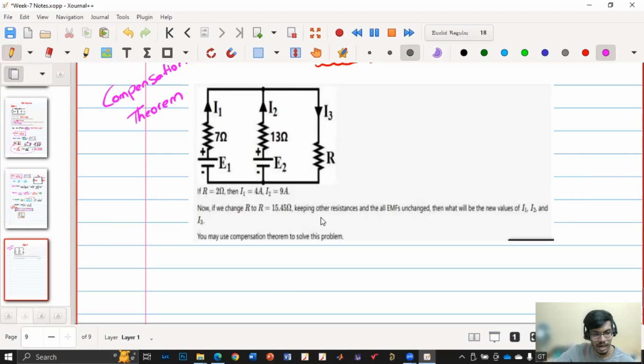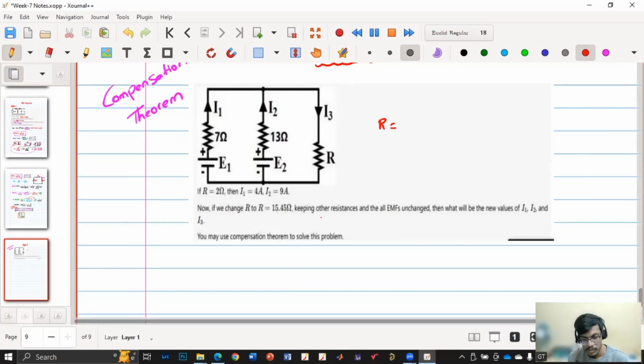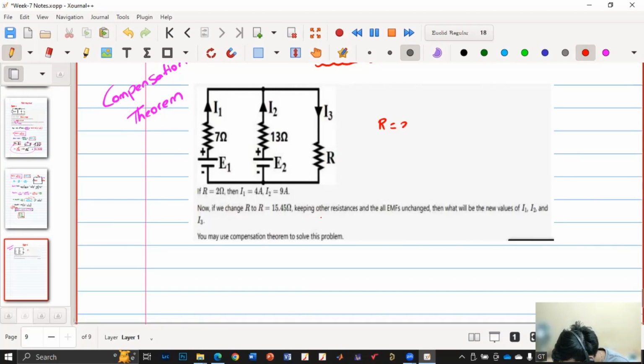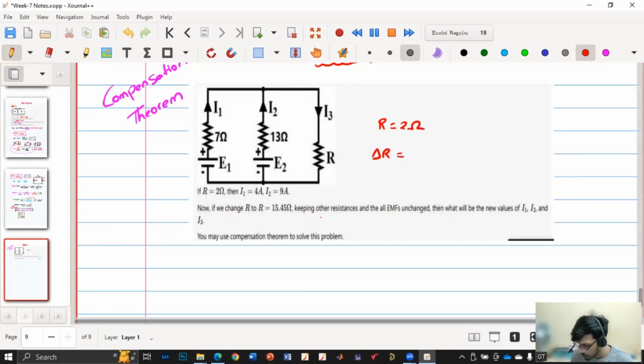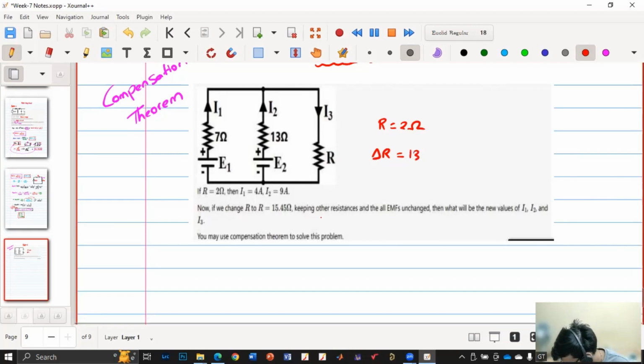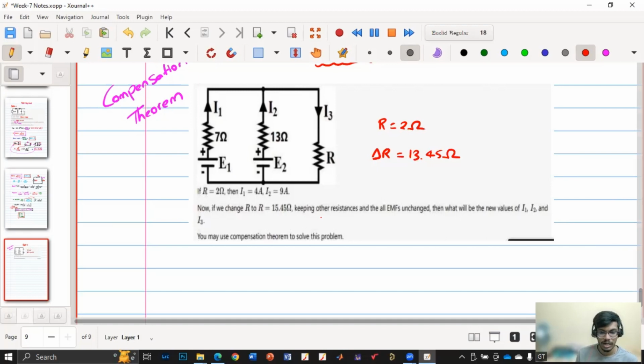Just tell me, what is the value of R? 2 ohm. And delta R? 15.45 minus 2, yes, 13.45 ohm. Good. So I know R, I know delta R.